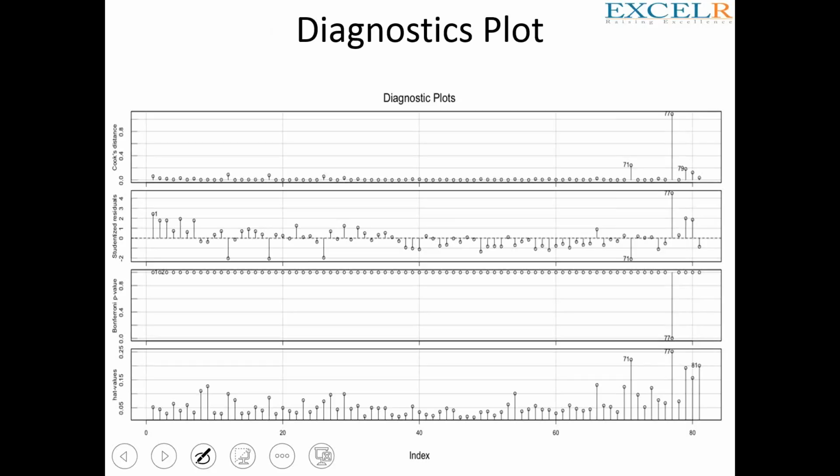The influence of an observation may be measured by the effects it produces on the fit, or on your model, when it is omitted from the data. If you omit your data point 77, what is the kind of influence it is going to have on your overall model? That is what we are trying to come up with here.